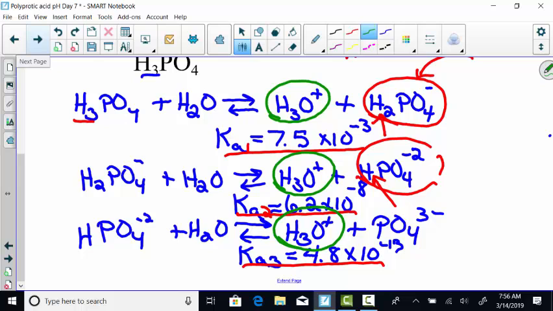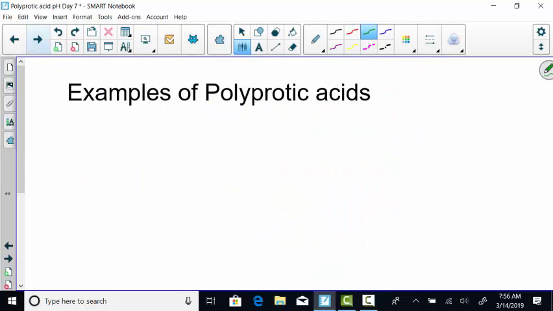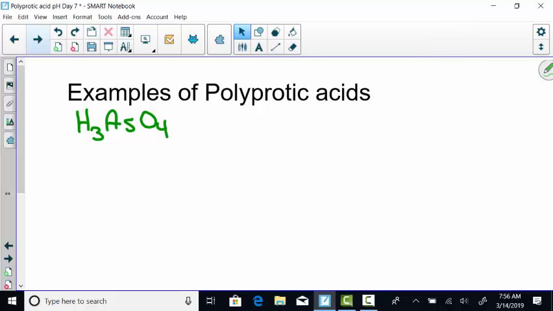Now, there are many examples of polyprotic acids, and all these can be found in the back of your book. H3AsO4 is an example of one.